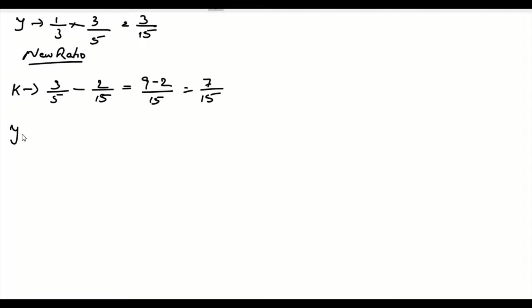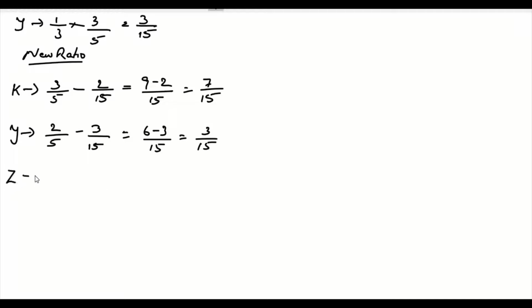Then we have Y, which is 2 by 5 minus 3 by 15, that is equal to 6 minus 3 by 15, that is equal to 3 by 15.